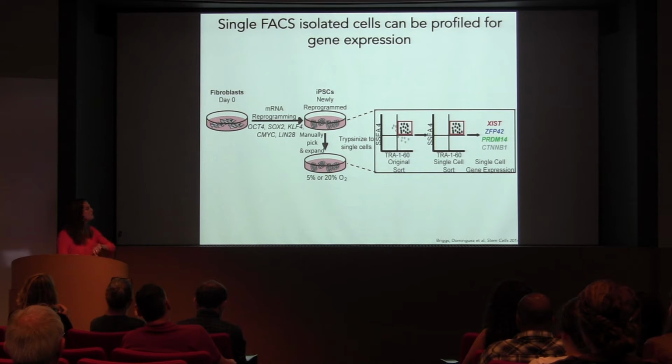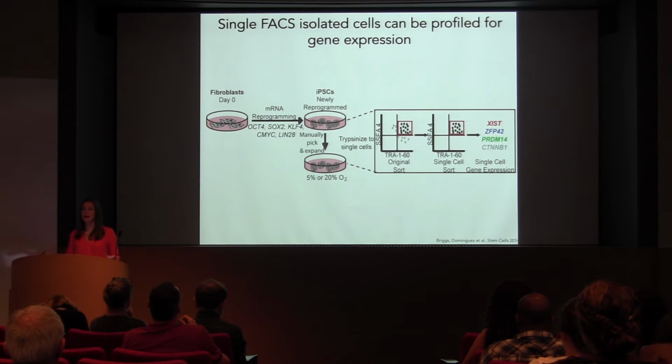And then once we have newly reprogrammed iPSCs on day 11, we do 2 things. So the first thing we do is we manually pick and expand to start passaging some of these iPSCs. However, with all the remaining cells that are in the dish, we trypsinize them into single cells, and we use fluorescence-activated cell sorting to get only the cells we're interested in, only the iPSCs.